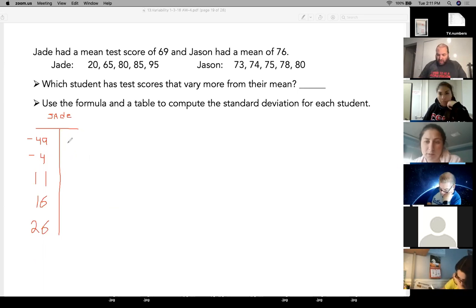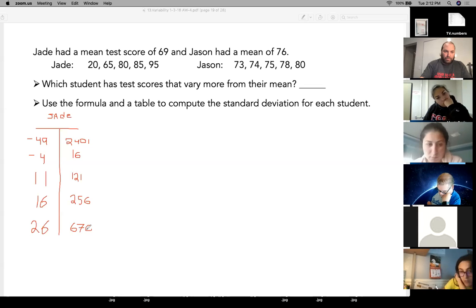Negative 49 squared gives me 2401. 4 squared is 16, 11 squared is 121, 16 squared is 256, and 26 squared is 676. We add up those numbers: 2401 plus 16 plus 121 plus 256 plus 676 gives me 3470.